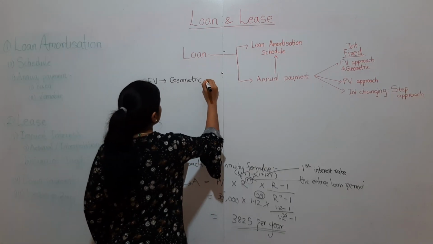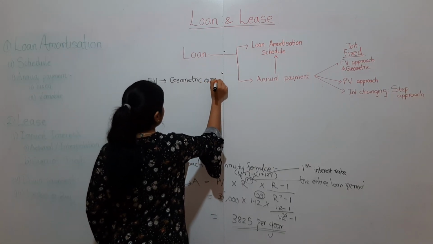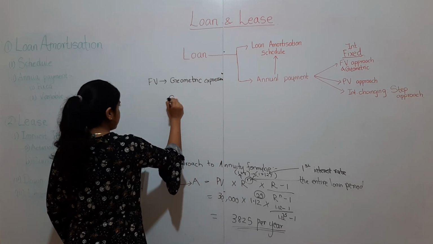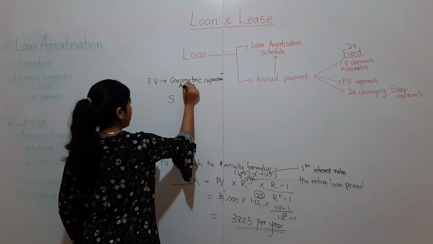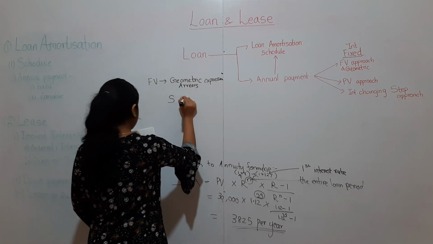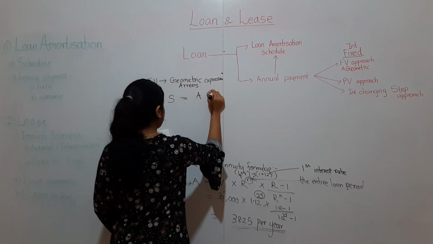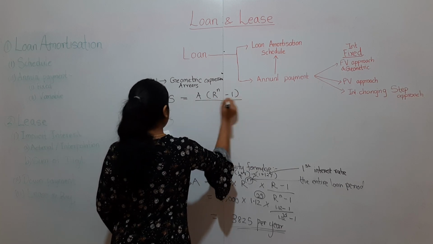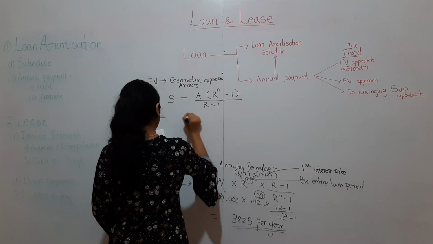Hence we use the geometric expression, which also arrears one. So it gives S equals A into R^n minus 1 divided by R minus 1.